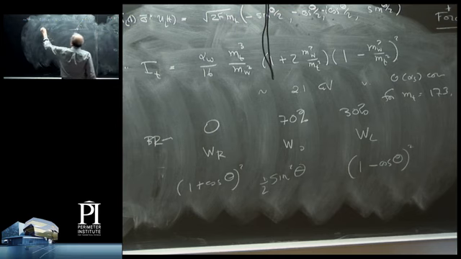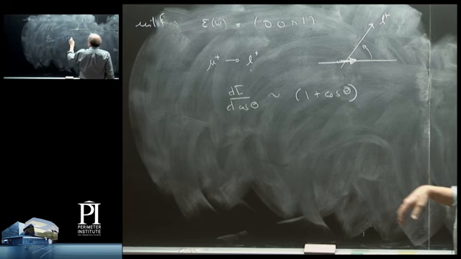Let's look at mu plus to L plus. Then this L plus would be right-handed. And this distribution in that case we showed was 1 plus cosine theta. For a mu minus, everything gets flipped around. It's 1 minus cosine theta.